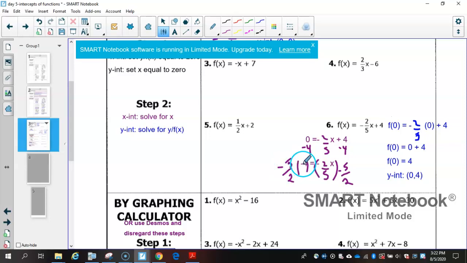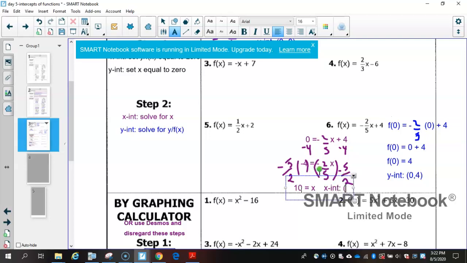I'm multiplying my numerators, and then I divide by 2, so +10. So 10 equals x, or our x-intercept is (10, 0). I'm going to space that out a little bit more.